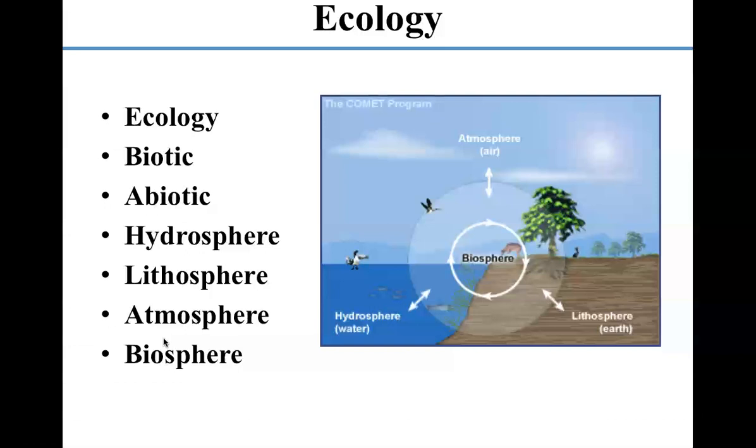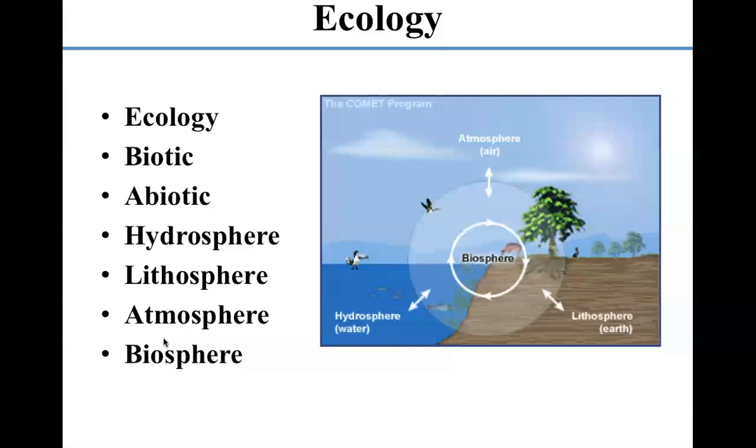Organisms interact with the other biotic aspects of their environment. A squirrel is going to interact with an oak tree and a hawk. It's also going to interact with the abiotic factors of its environment. It's going to be affected by the rain or the lack of rain, by winter temperatures and summer temperatures, and so on and so forth.